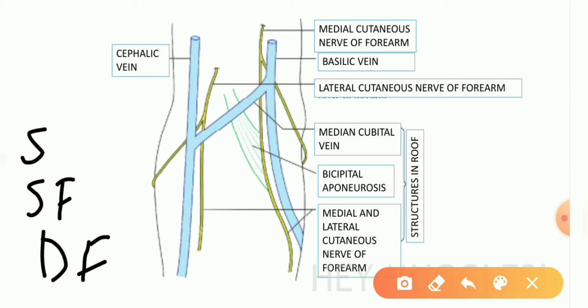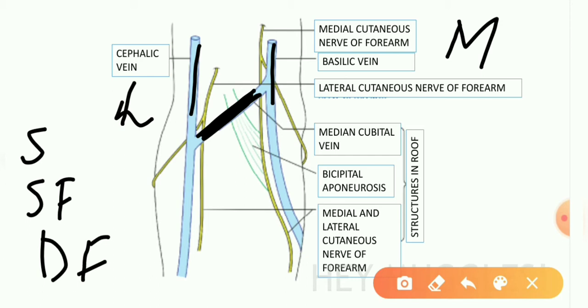The superficial fascia contains the median cubital vein. This is your median cubital vein. The median cubital vein connects the cephalic vein and basilic vein, right? Cephalic vein is the lateral vein and basilic vein is the medial vein, right?